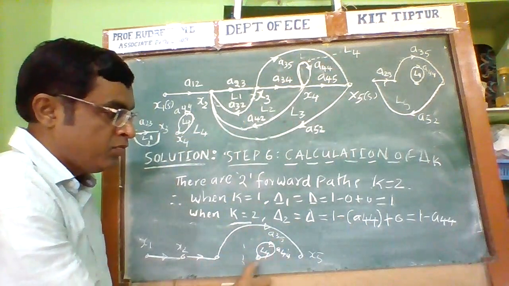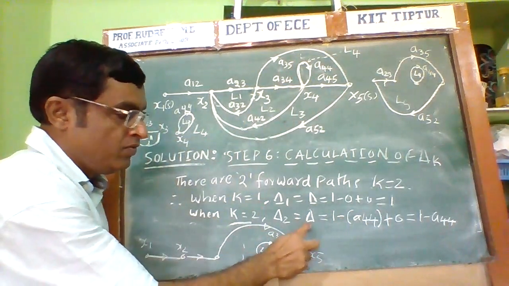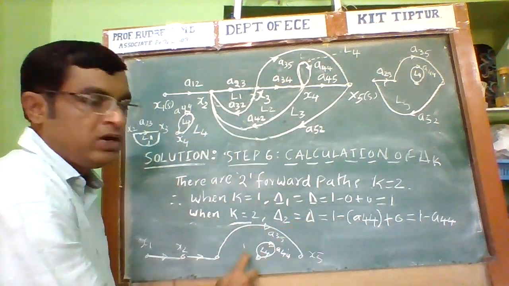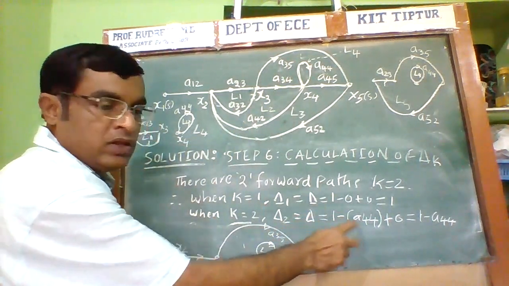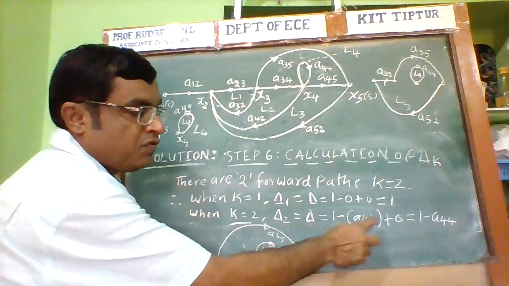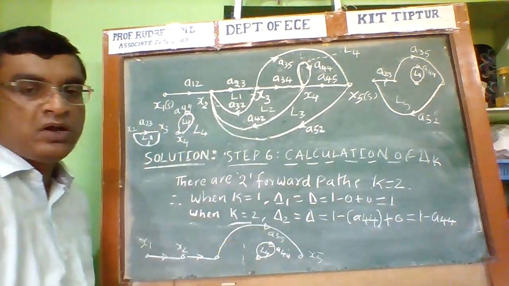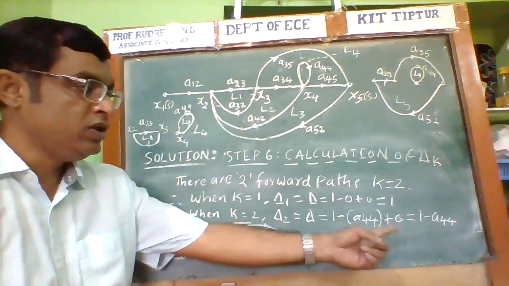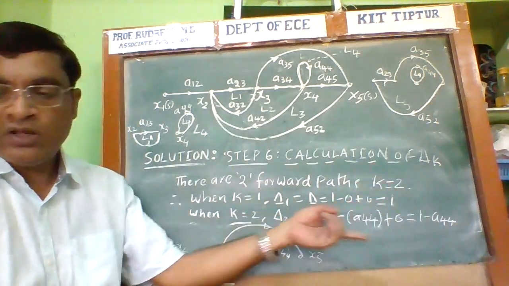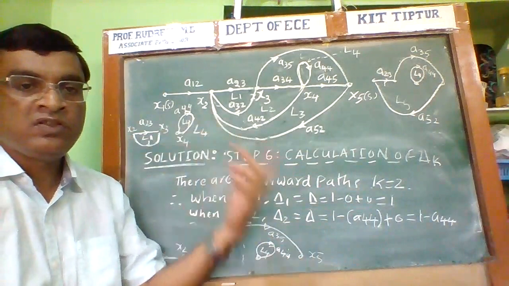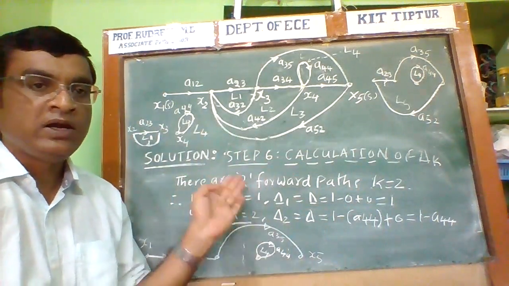In this particular graph, it is 1 minus only one loop. There is 1 minus this loop gain, which is A44. There is no gain product, therefore it is 0. The value of delta 2 is equal to 1 minus A44. This is the way of calculating delta k.